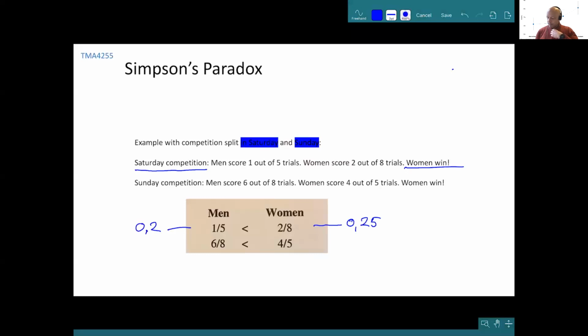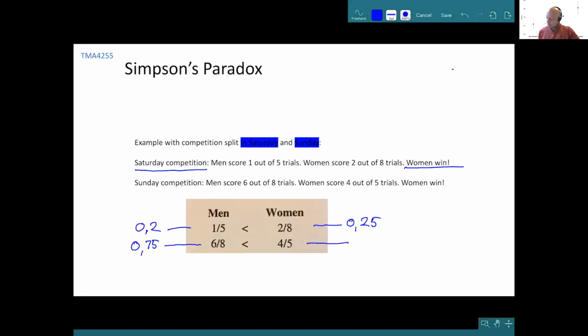And then this sports competition continues on Sunday, and on Sunday there's something with the conditions, so men do much better. They score 6 out of 8 times, and this is 0.75, a much higher percentage. And the women also do much better.